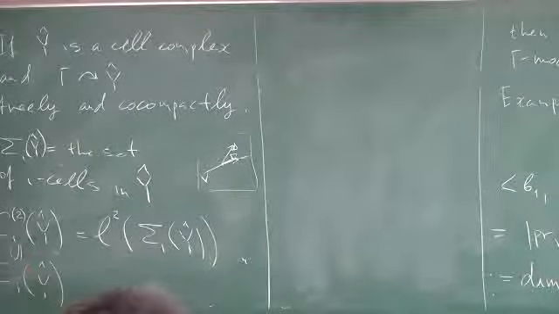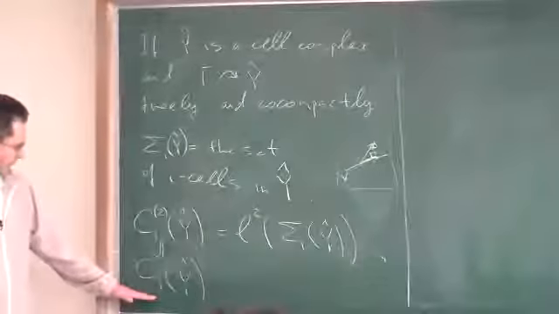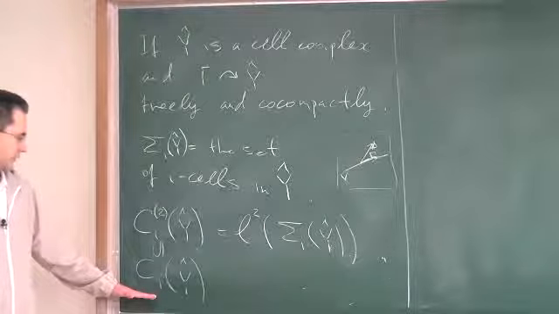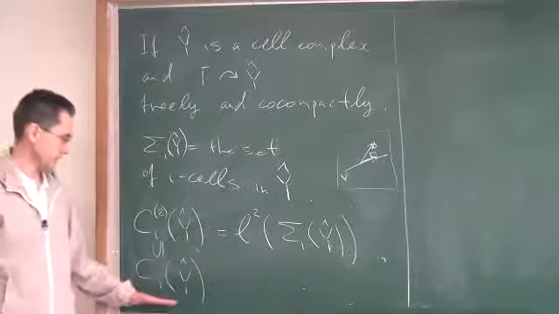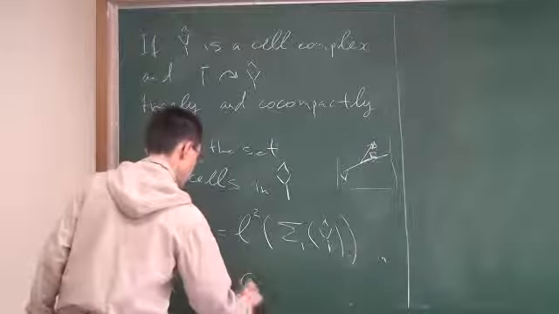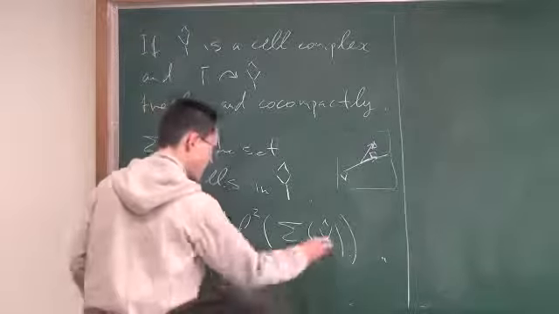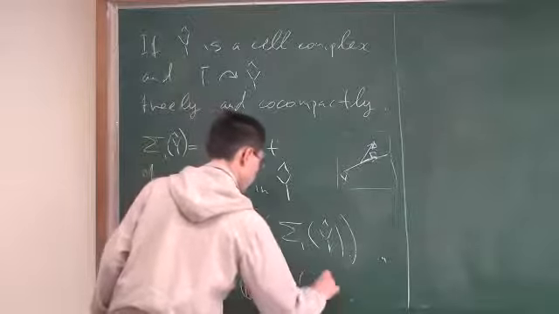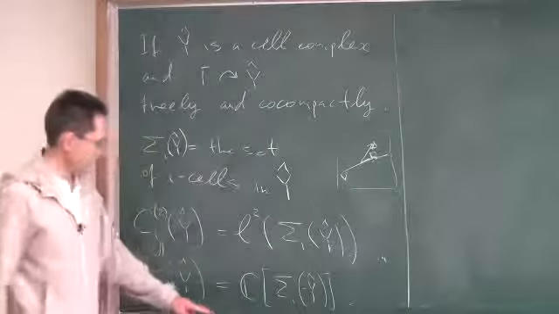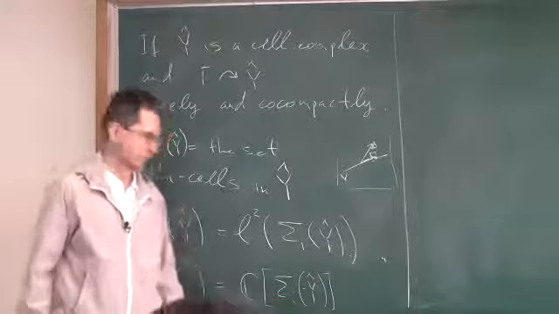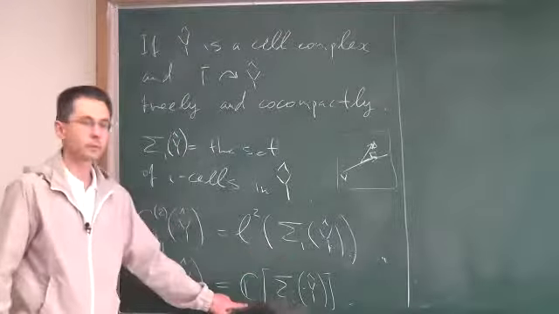This is a subspace in it, and by this I mean the set of all usual chains, finitely supported functions. These are all finite linear combinations of I-dimensional cells. So in other words, these are chains with coefficients in C.